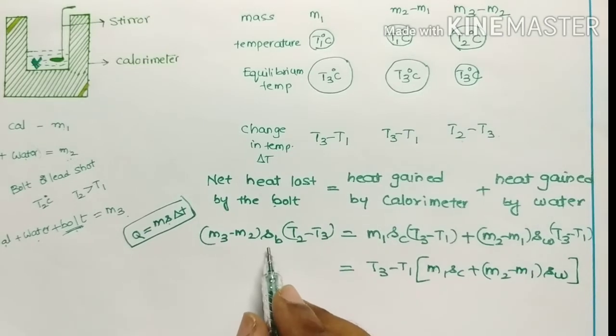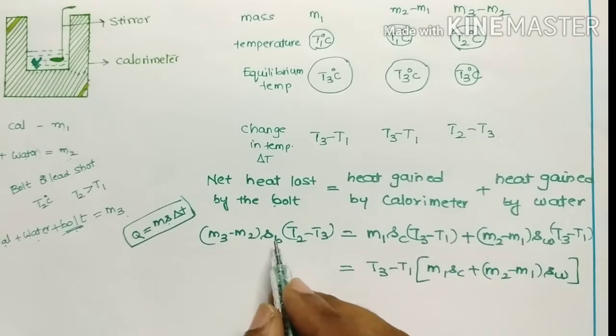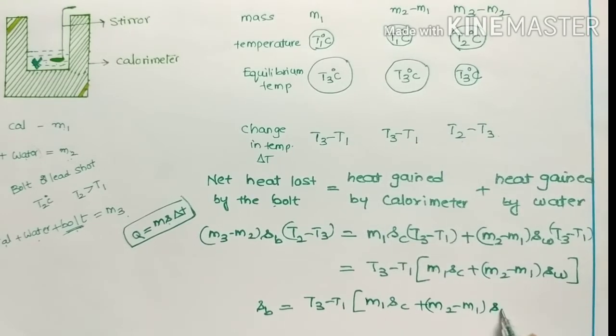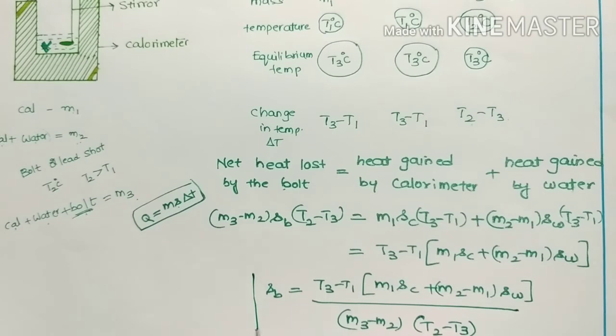So we have the equation, and we have to find SB, the specific heat of the bolt, which is equal to T3 minus T1 into M1 SC plus M2 minus M1 into SW, divided by M3 minus M2 into T2 minus T3. This is the required equation for the specific heat of a solid.